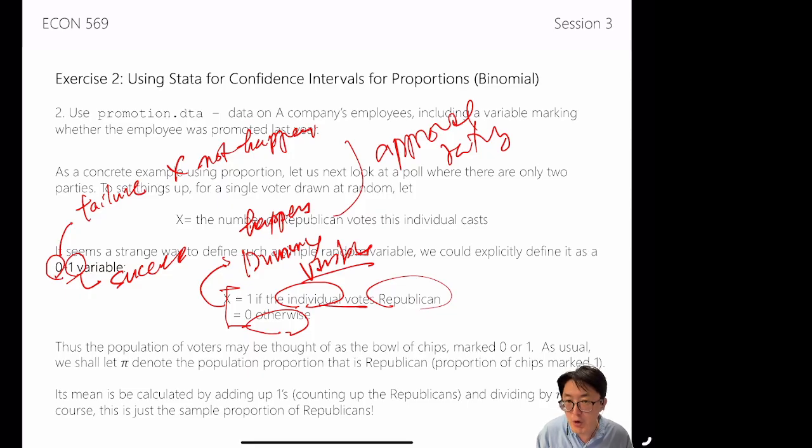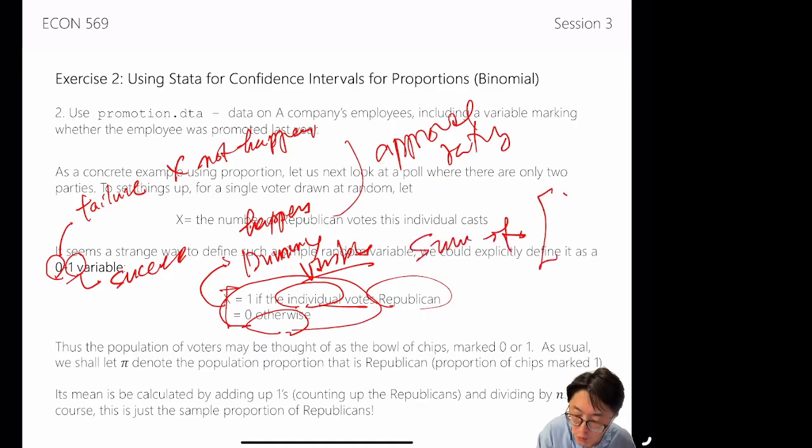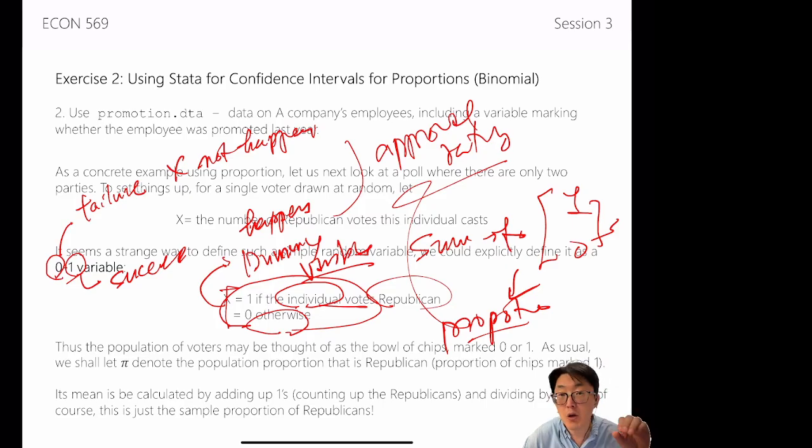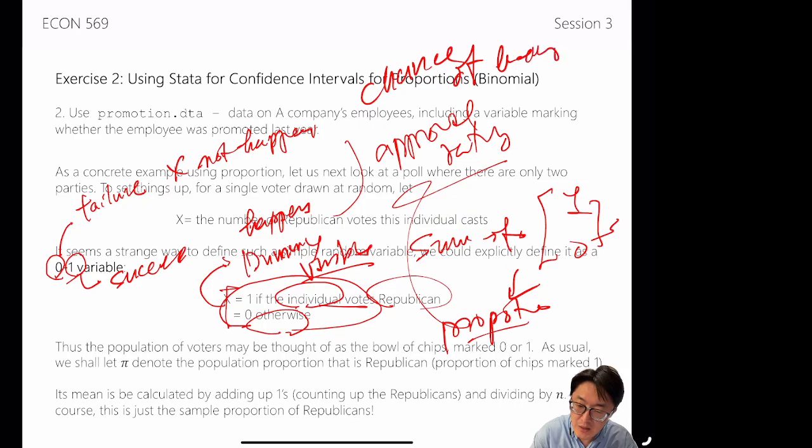And if we just sum up these 1s and 0s, the sum will be converted to what? Proportion. It's like approval rating. Then your approval rating for a specific candidate is a measure of the chance of being elected. So whoever will be the winner in this election, we can make an inference about that chance from the approval rating.